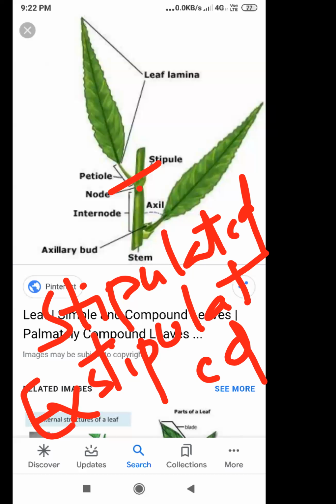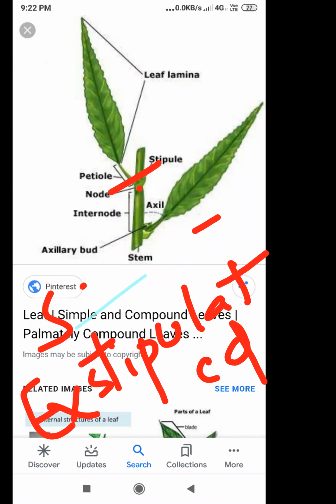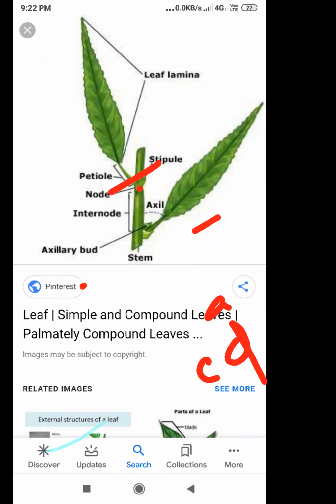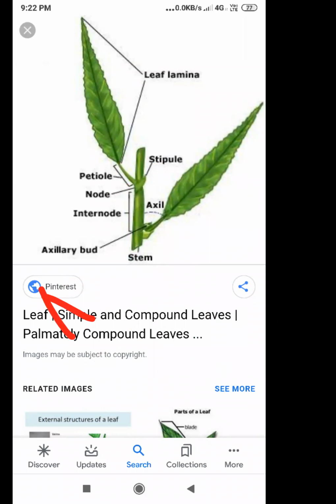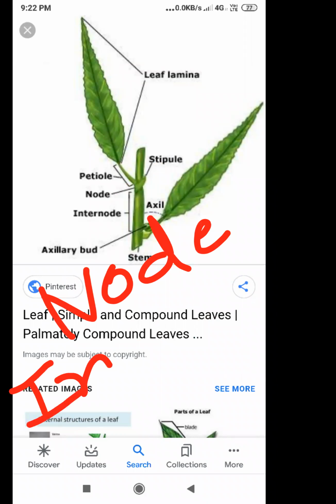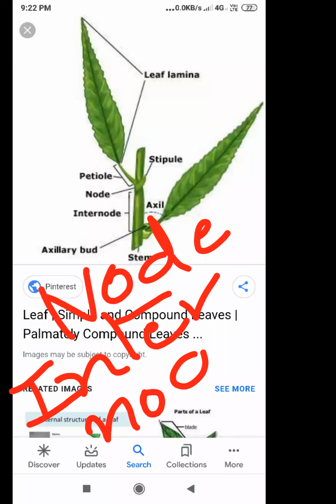Let me explain what a node is. Two terms I'm going to tell you: node and internode.